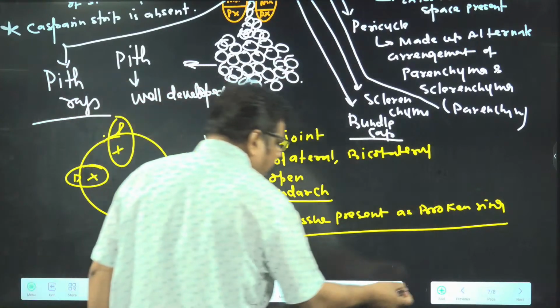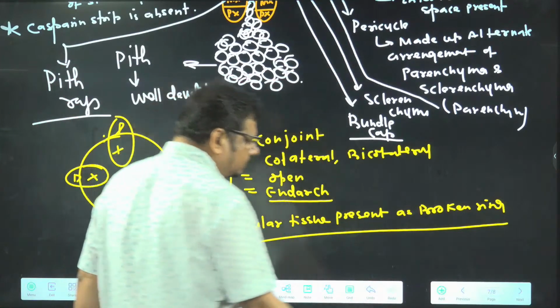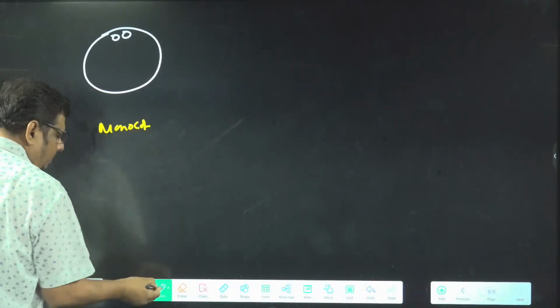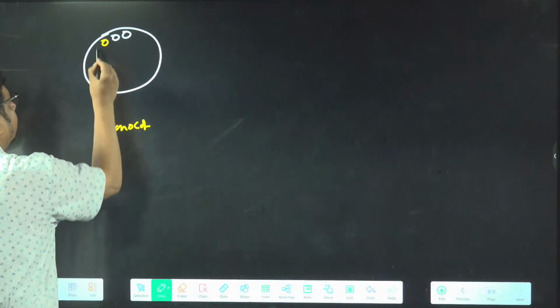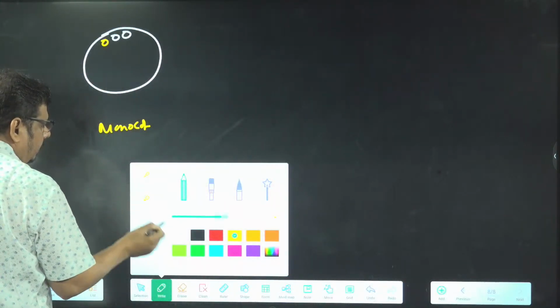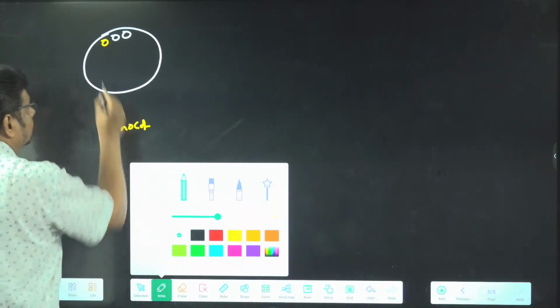Now we are coming on to monocot. Have a look here. So what do you find in the monocot? In monocot you find vascular tissue, these circles I am drawing. Circle means one vascular tissue, with xylem and phloem.